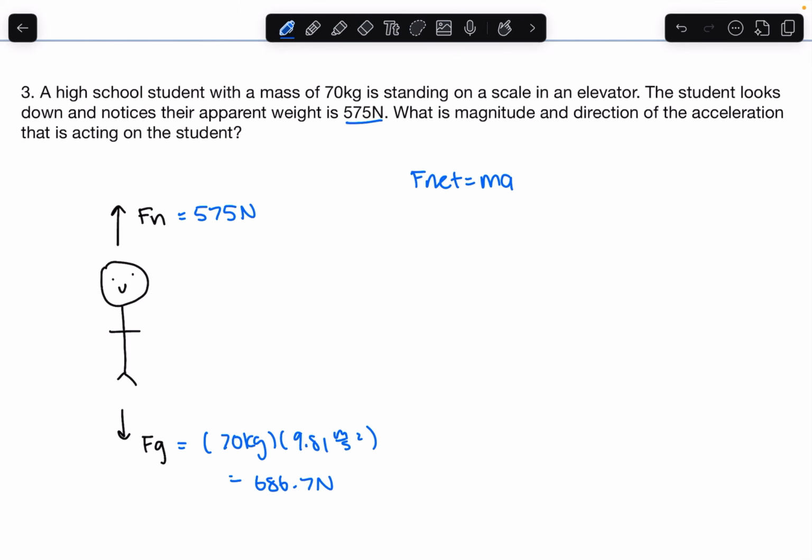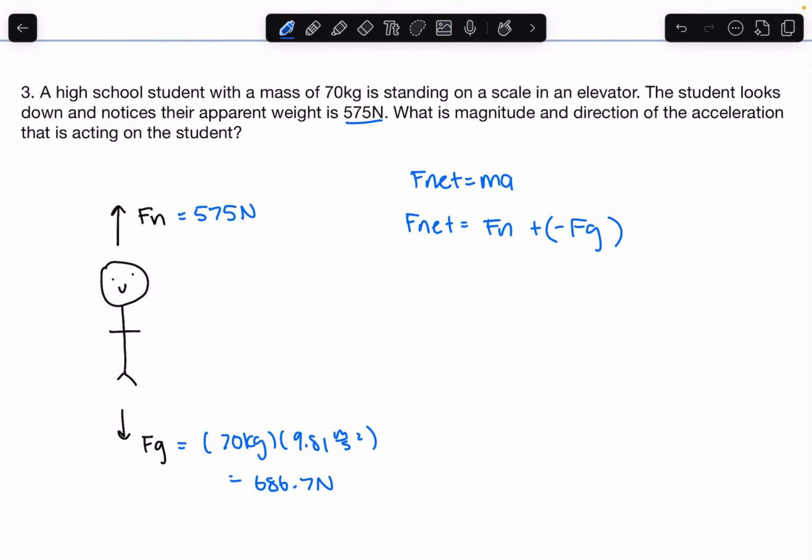In this case, the only forces acting on the student are Fn and Fg. So F net is equal to Fn plus Fg. But since they're going in opposite directions, see how Fn is going up and Fg is going down, we have to negate one of them. So I'm going to negate Fg.